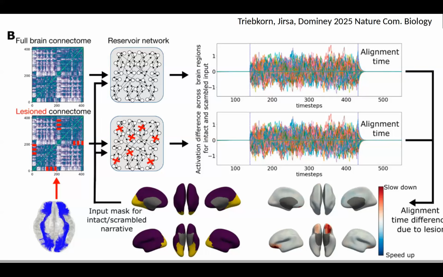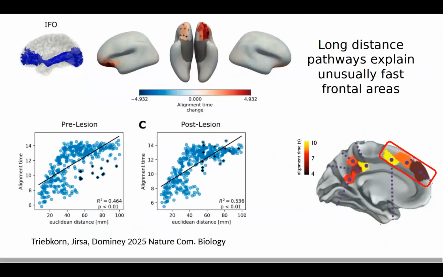And so when we do that, for example, here we're going to remove the inferior frontal occipital fasciculus, and what we see, when we subtract the lesion from the intact, is a slowdown of processing in these frontal areas. So this is an explanation of why in the human data we saw unusually fast processing in certain frontal areas, because they're getting access to this kind of shortcut processing.